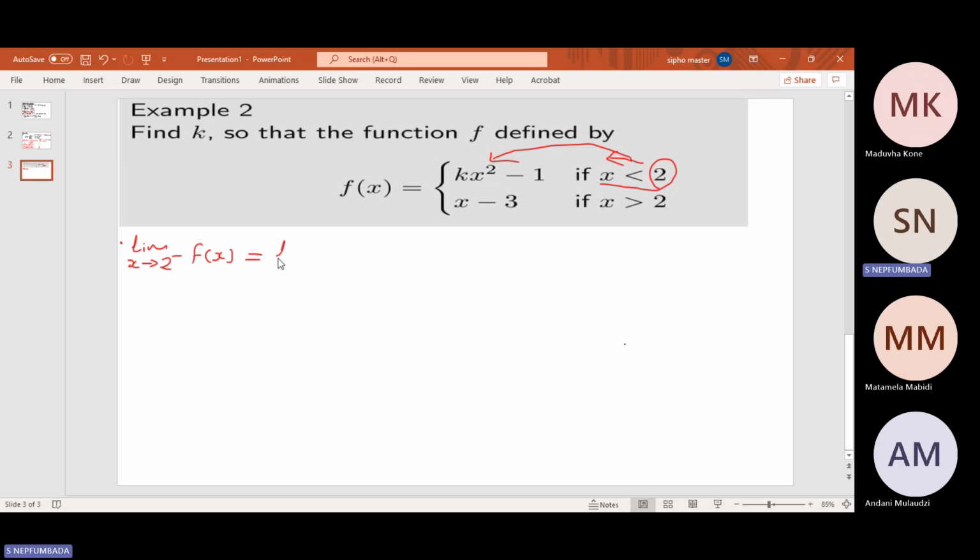Are we good? It means this equals the limit of x approaching 2 from the left, and our function is kx squared minus 1. When they say x, we plug in 2. It means we have k times 2 to the power 2 minus 1, which equals 4k minus 1.